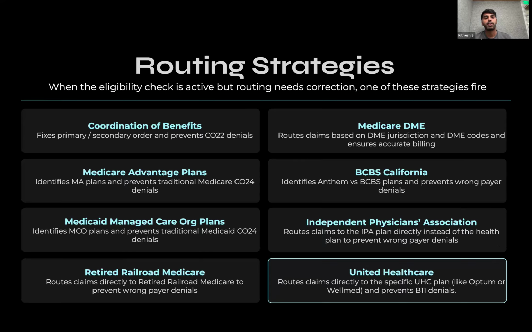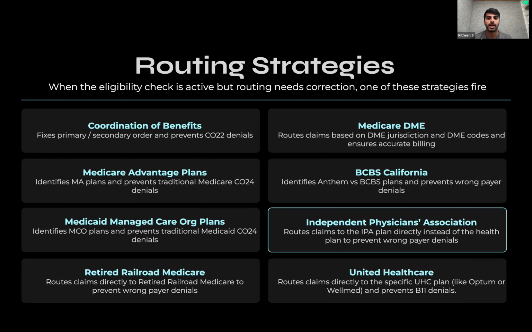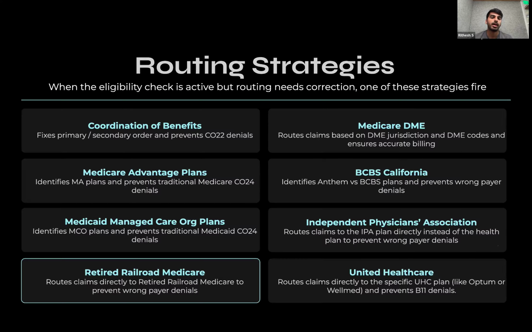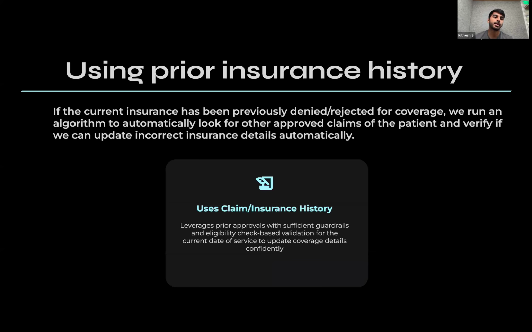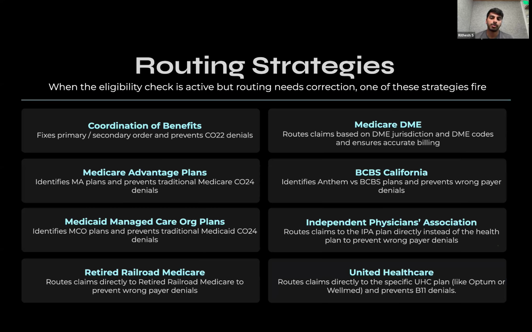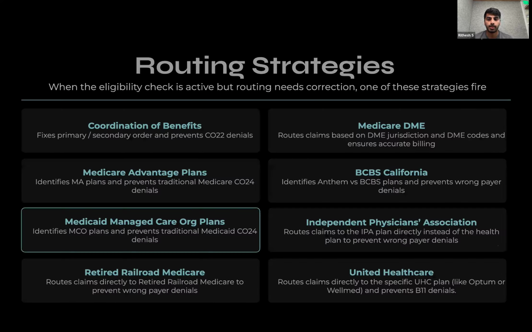We try to proactively find other PIIs, or other patient insurance information. Again, this goes back to our original scenario of using prior insurance history, right? We want to make sure that we can use all of the data available to us to make sure that we're making the right decision. So that's how it works right now.